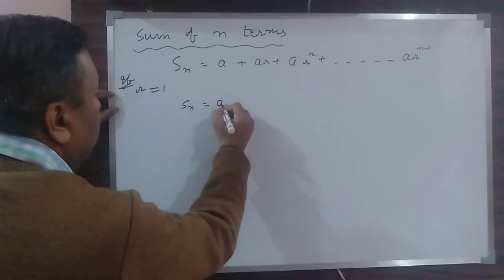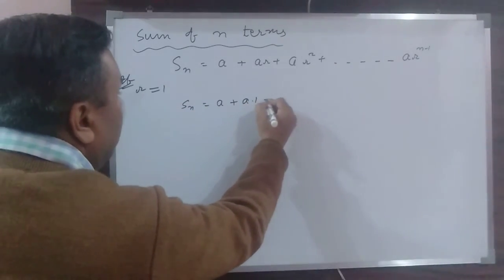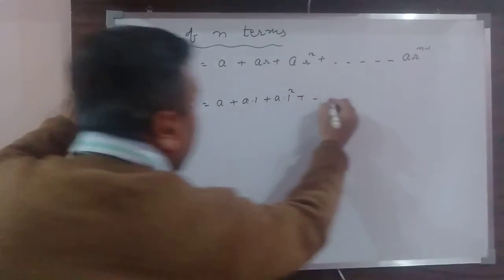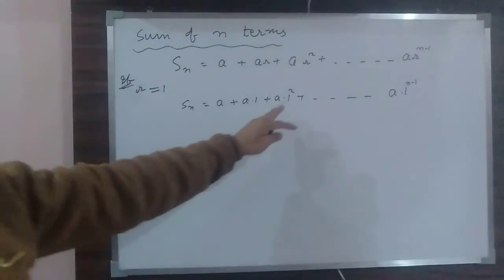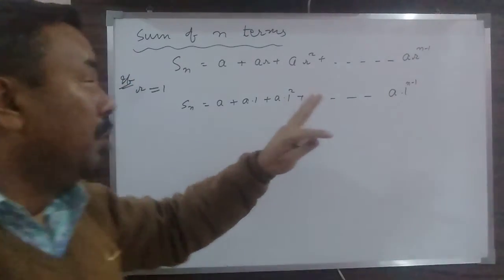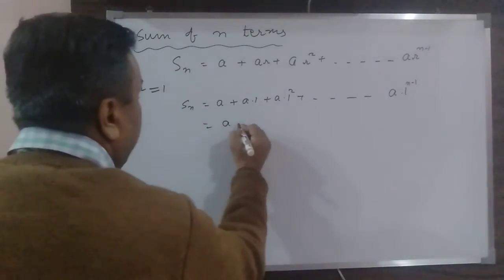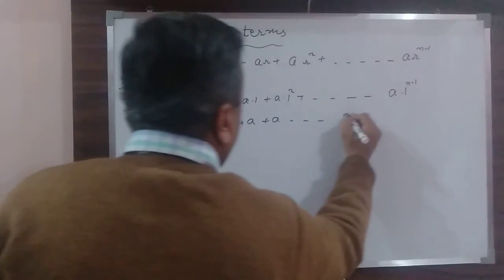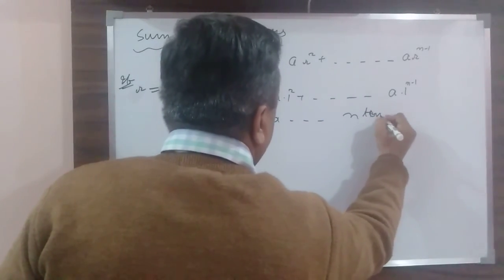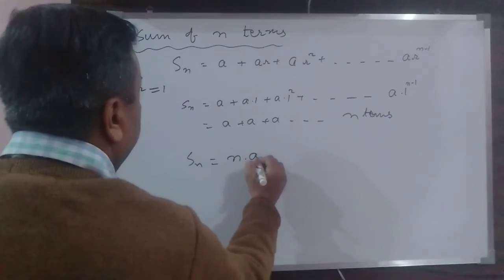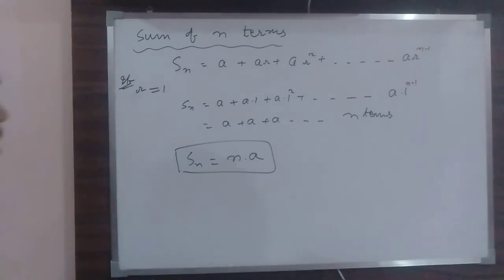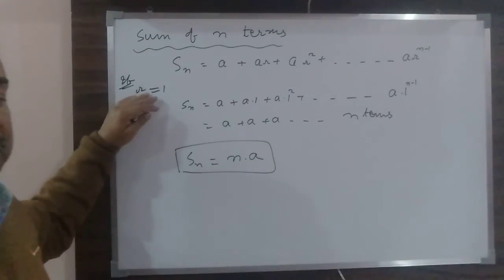Sn will be equal to a plus a into 1 plus a into 1 square and up to a into 1 raised to the power n minus 1. And just see, any difference it is making? No difference. So it is what? a plus a up to n times. Okay, so sum will be n multiplied by a. This is for the condition when r is equal to 1.